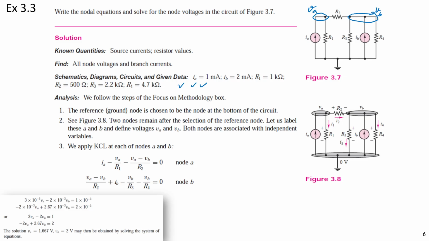And our node equation, node A, is IA flowing in, right? Minus I1 minus I2 equal to 0. And this is IA. And what is I1?